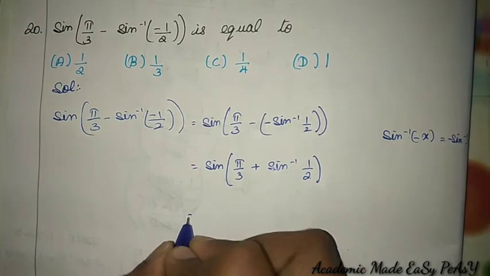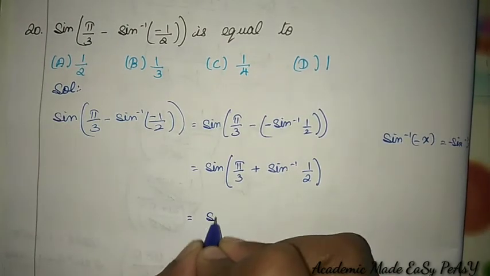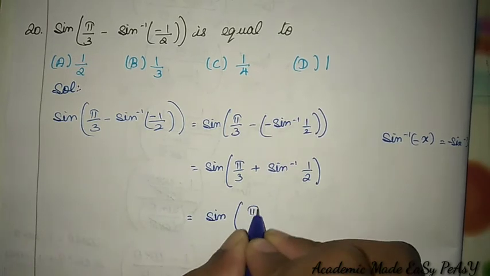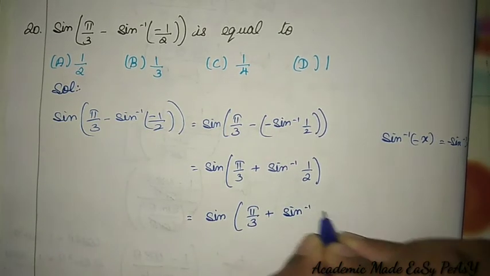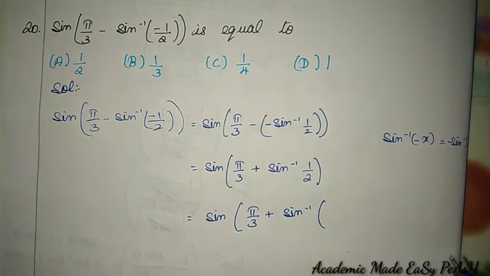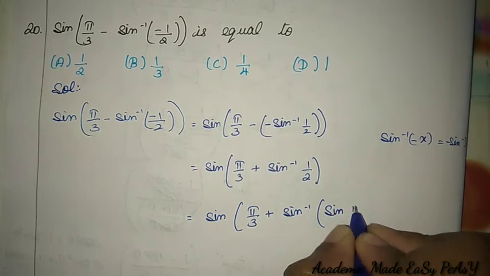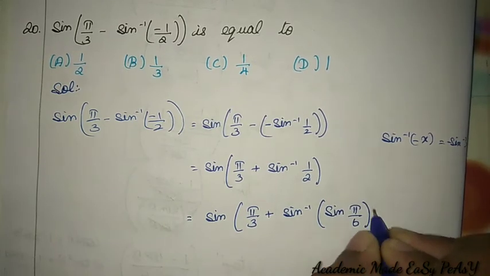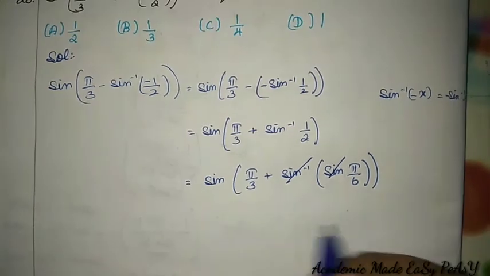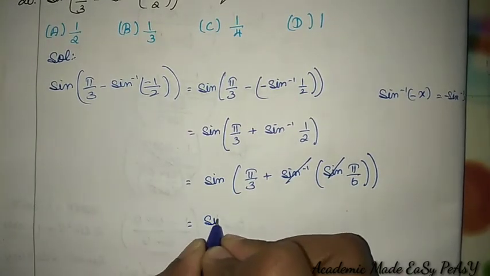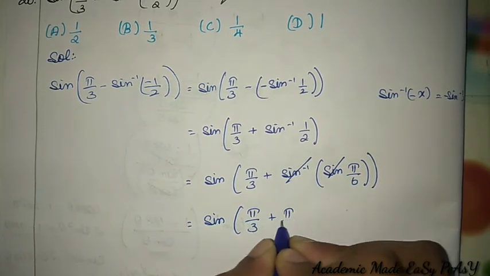So now I have to check at which position sine is 1 by 2. So sine pi by 3 plus sine inverse, sine is 1 by 2 at pi by 6. Okay, so sine pi by 6 is equal to 1 by 2. So sine inverse and sine will get cancelled. So I will have sine of pi by 3 plus pi by 6.